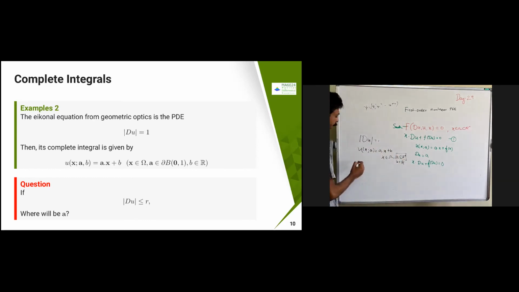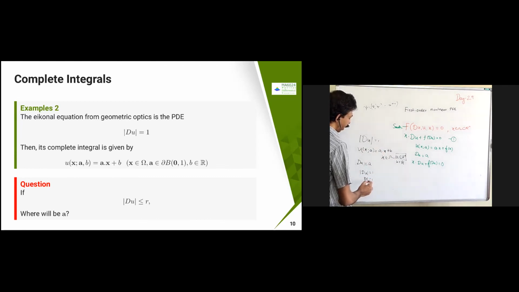So what is going to be Du? What is Du here? b is constant, so that becomes 0. a is constant, so with respect to x only you are going to take. Now if |Du| is equal to 1, this should be satisfied. Then |a| should be equal to 1.